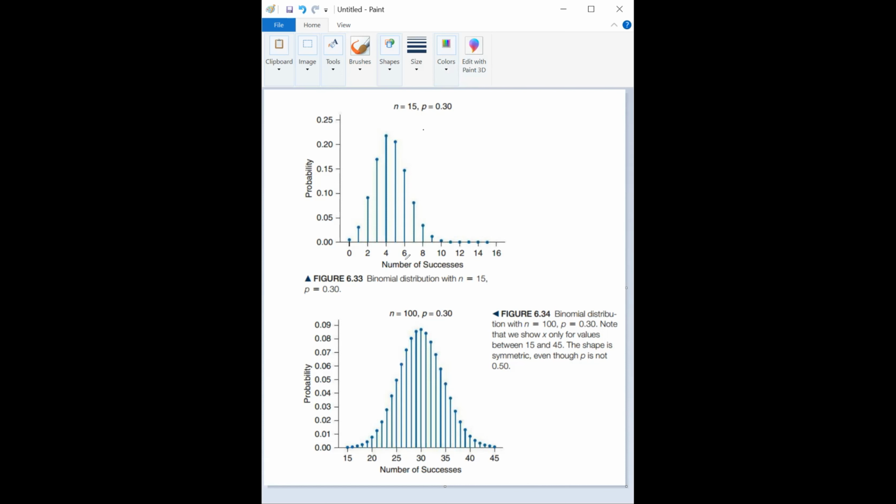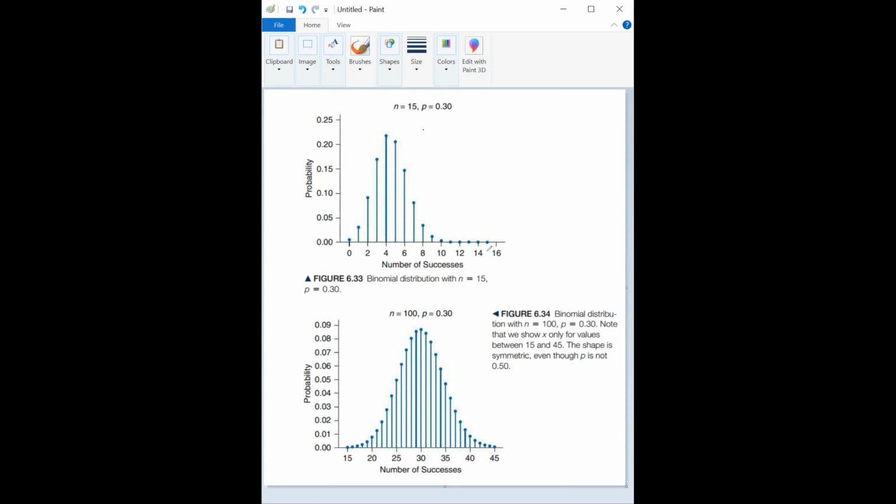But if you flipped a coin and the probability of getting heads was 30%, then getting 0 heads or 1 head or 2 heads or 3 heads would be far more likely on 15 coin flips. So as you reduce the probability, it makes the low number of successes more likely. Lower probability makes low numbers of successes more likely, and that makes high numbers of successes less likely.